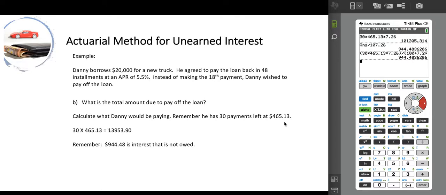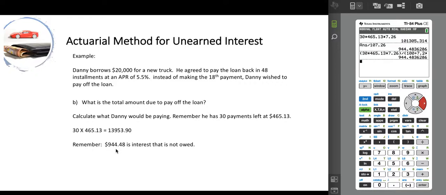And don't forget that he doesn't owe $944.48. Okay, so if he has 30 payments left at $465.13, how much would he be paying? Well, we're going to multiply those together, the 30 payments times the amount of the payment, and he has $13,953.90 left to pay.